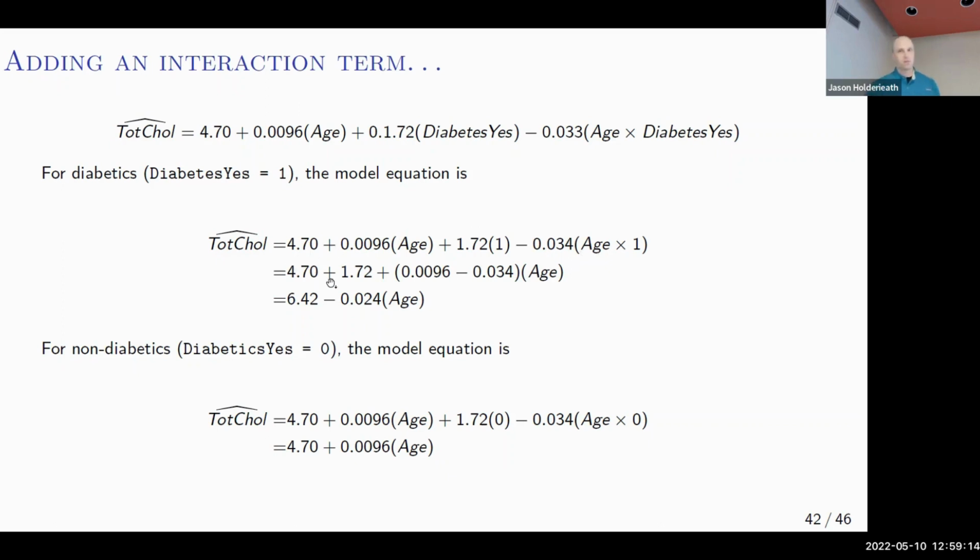If we simplify this down, you end up with 6.42 minus 0.24 times age. That's our equation for diabetics. And for non-diabetics, diabetic is equal to 0, so these two terms fall out entirely. All you have left is 4.70 plus 0.0096 times age.